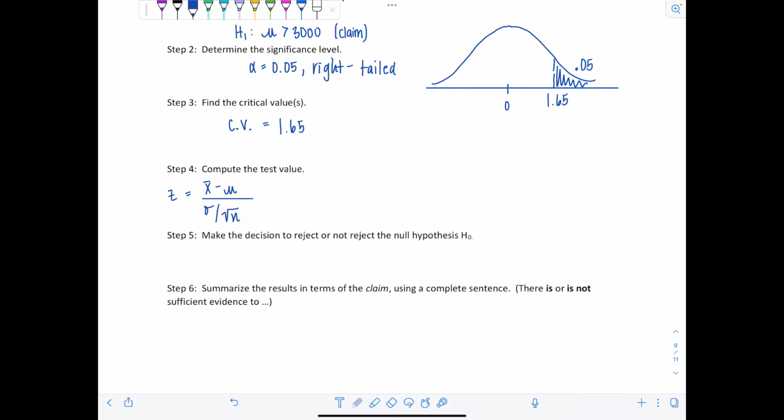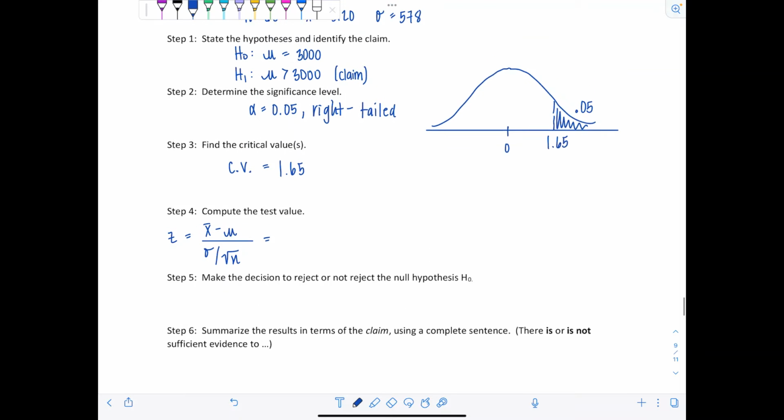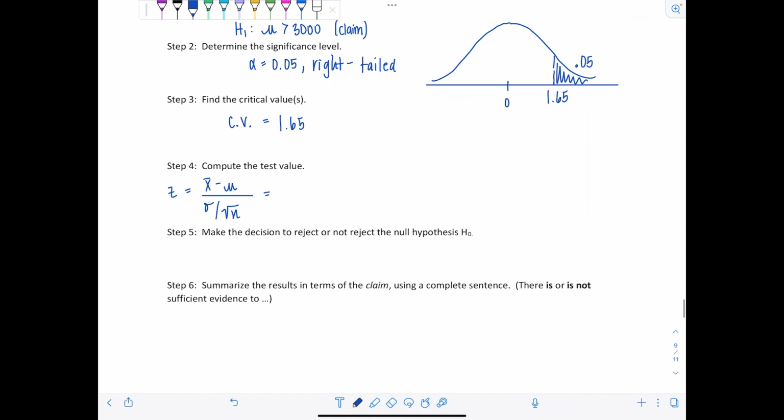X bar, where do you go, x bar? X bar is here, 3,120 minus mu is 3,000 over 578 over rad 60. Okay, punch that in your calculator. Round to 2 decimal places. What do you guys get?